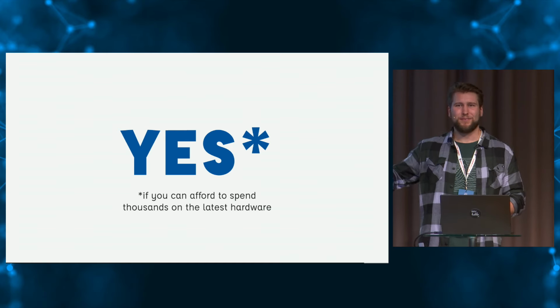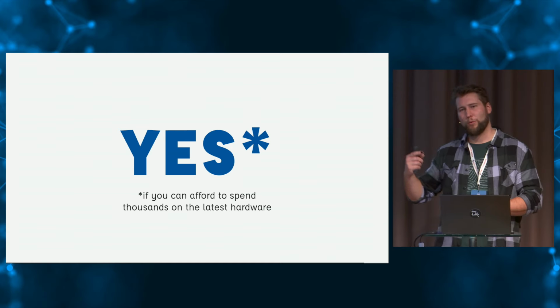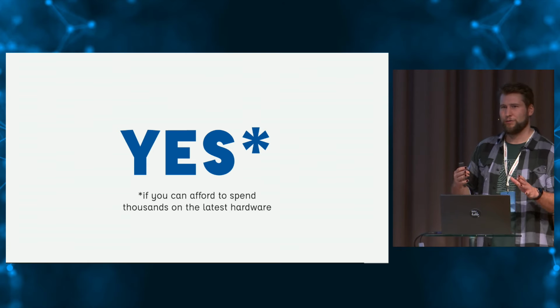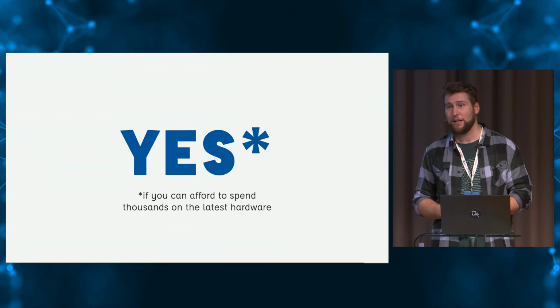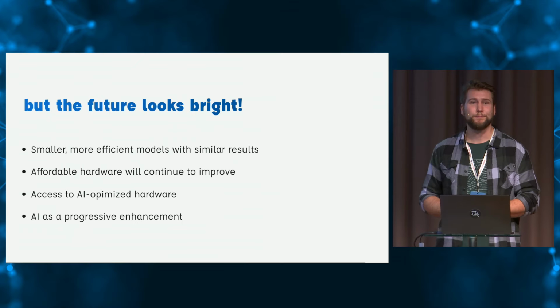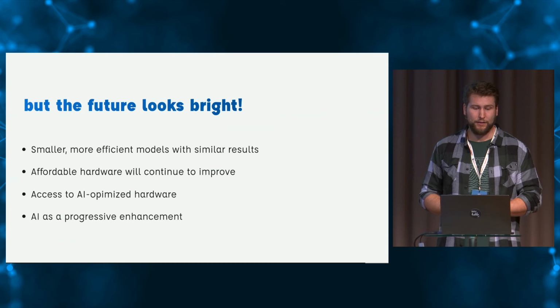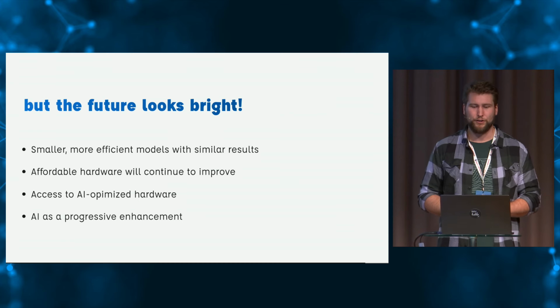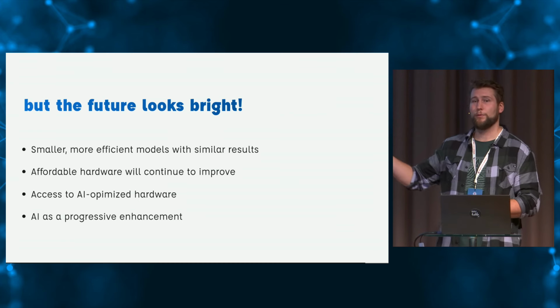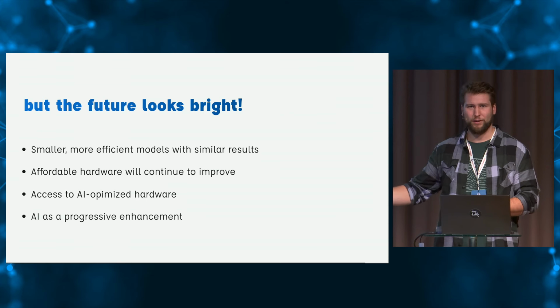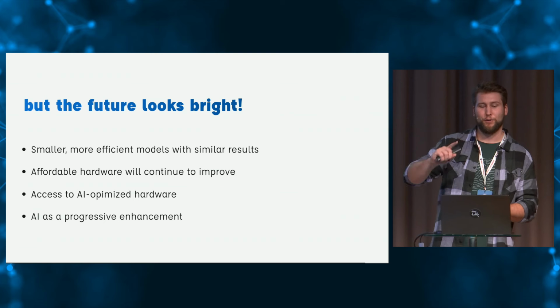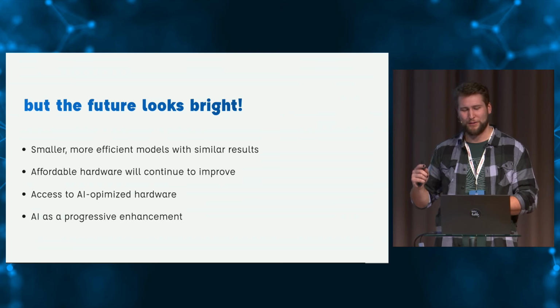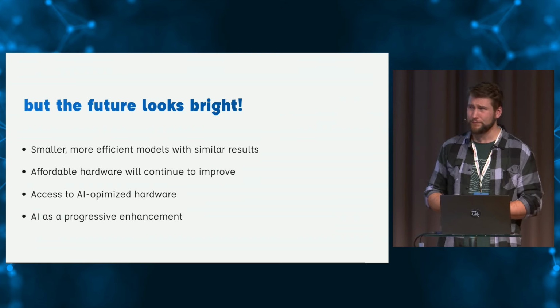And the problem here is that requiring specific hardware for your users is just not a very web thing that we want to have. But the future looks bright, because I think that there will be smaller and more efficient models with similar results. I mean, we came from a 70 billion parameter Llama 2 down to a 2 billion parameter model with Gemma 2B.